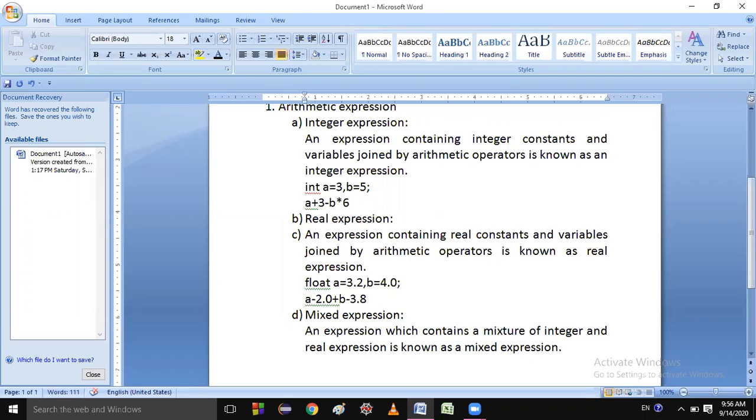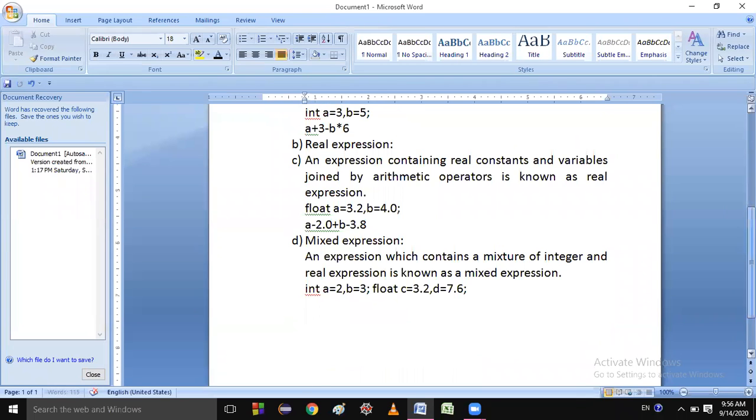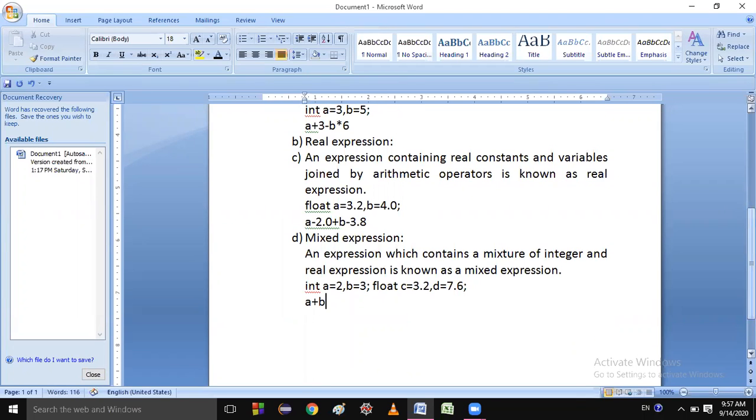So if I write int a = 2, b = 3, and float c = 3.2, d = 7.6, and then I write an expression like a + b - c + d, this expression satisfies the theory of a mixed expression.